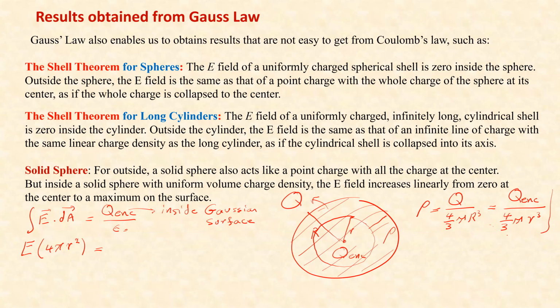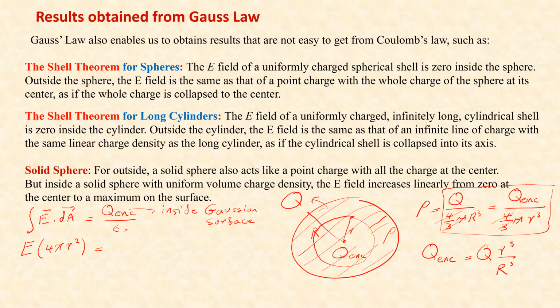Now this gives you the enclosed charge. If you cancel the 4/3 pi, you have Q enclosed equal to Q times r cubed over R cubed.